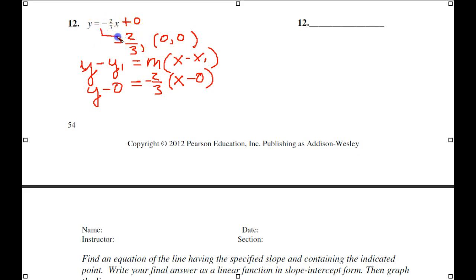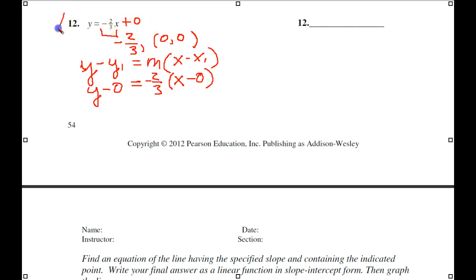So there's your slope, a negative 2/3, and if I put a 0 there, and a 0 there, this just becomes a y, and this just becomes a negative 2/3 x, which is what we have up here.